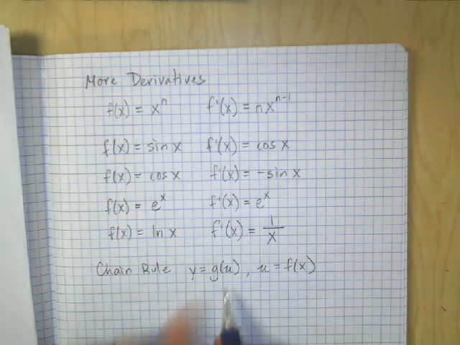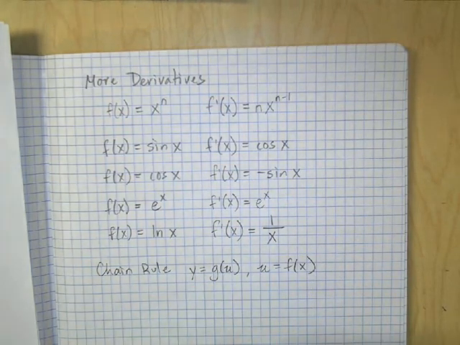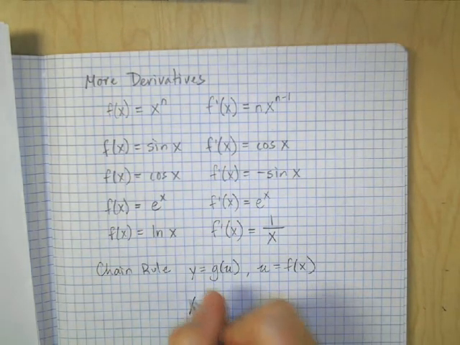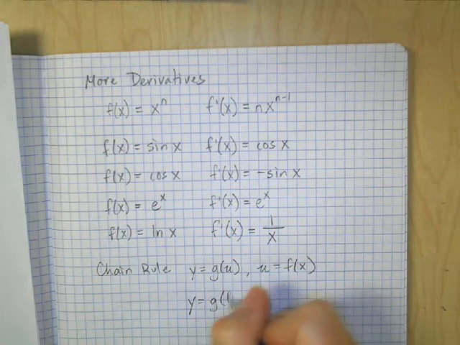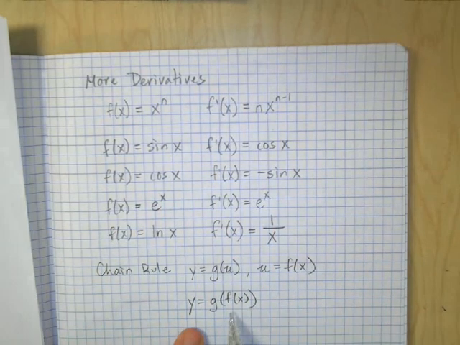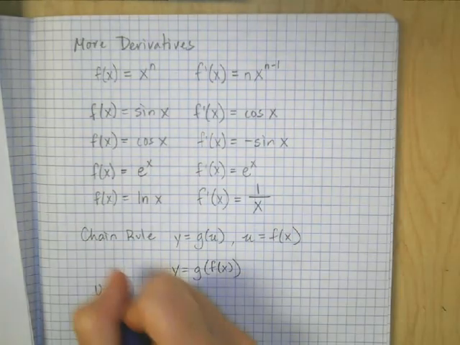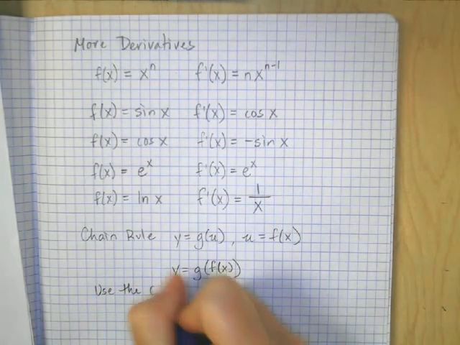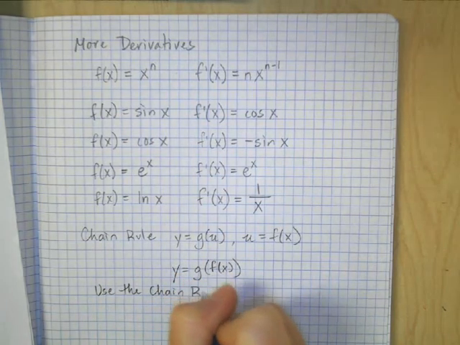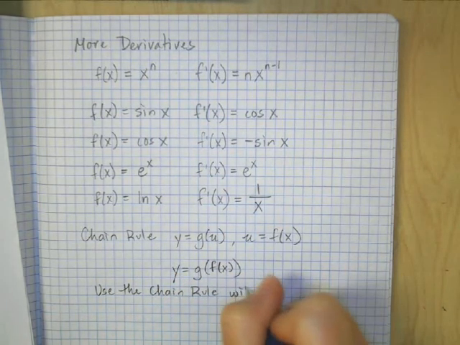What does this mean? Basically, y is equal to g of f of x. So we use the chain rule when we have a composite function. Let's make a note of that: use the chain rule with composite functions.